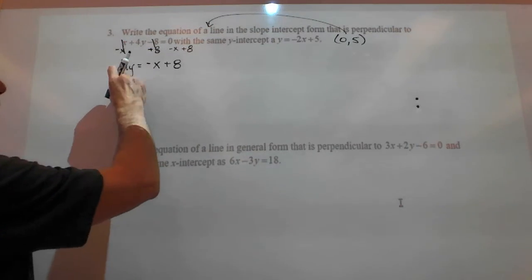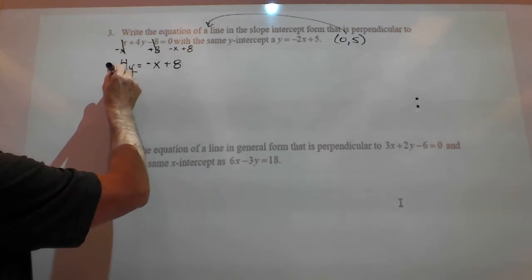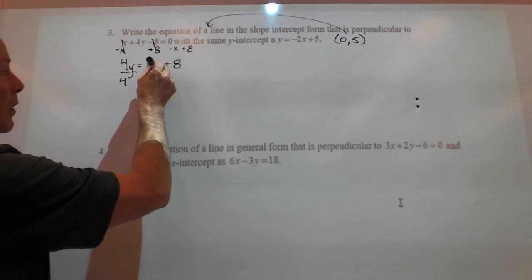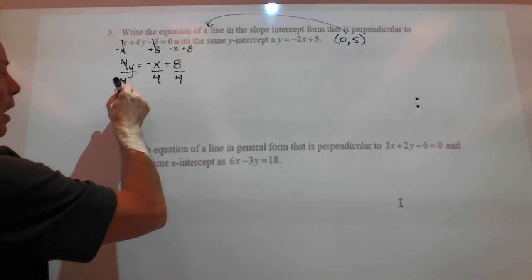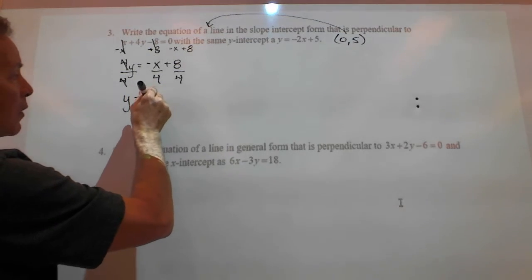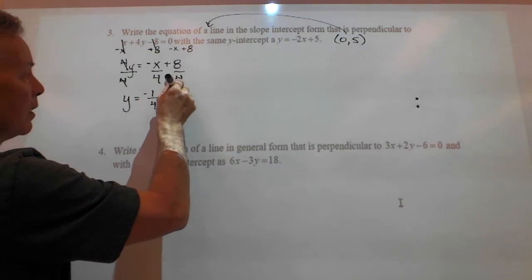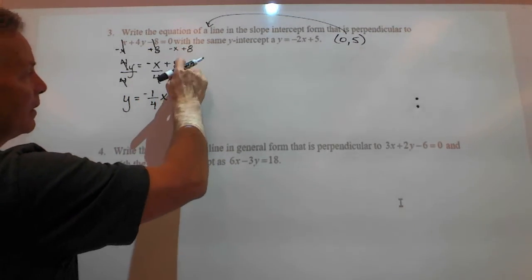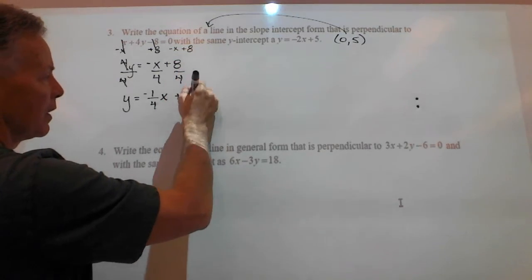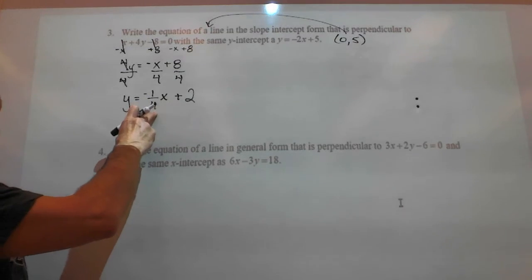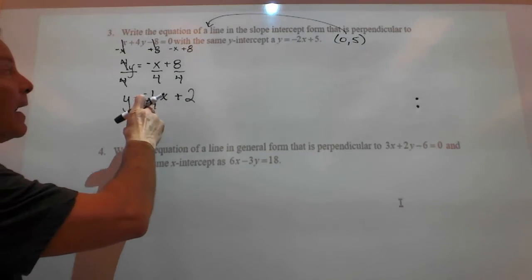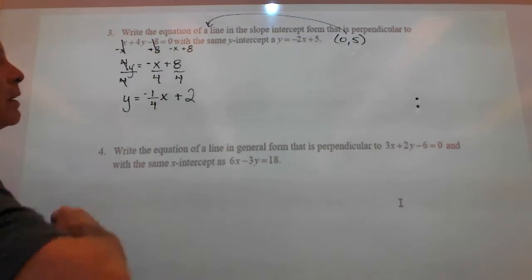We're not done yet. Remember, we have to isolate y. So as a last step, we need to divide everything through by 4, and that will give us y equals negative 1/4 x plus 8/4, which is more simply written as 2. Okay? But all we're interested in is this number right here. Now we know the slope of this line.